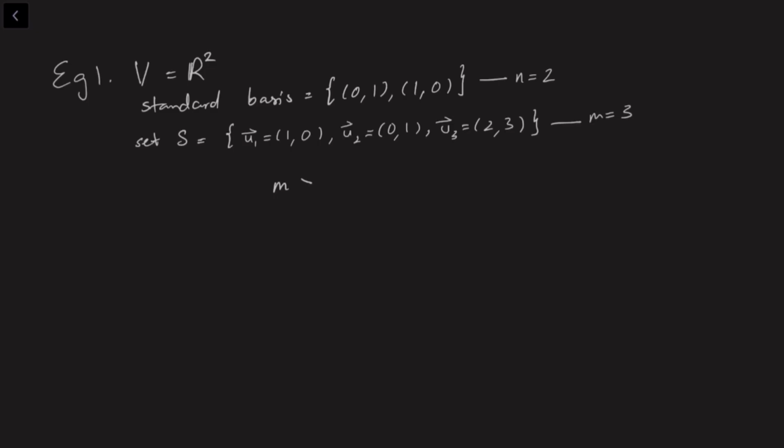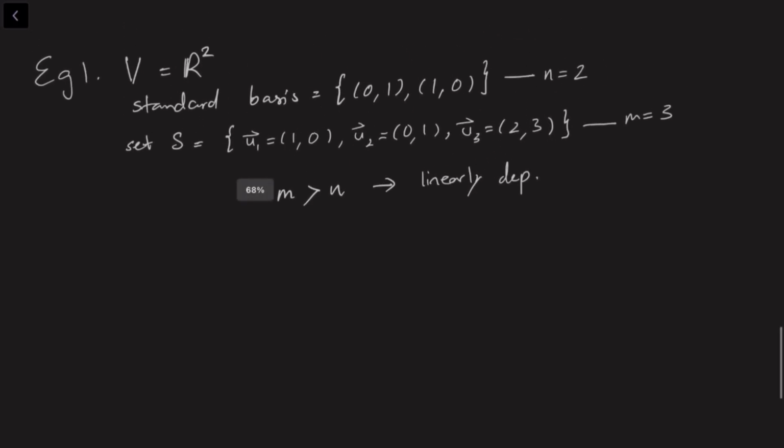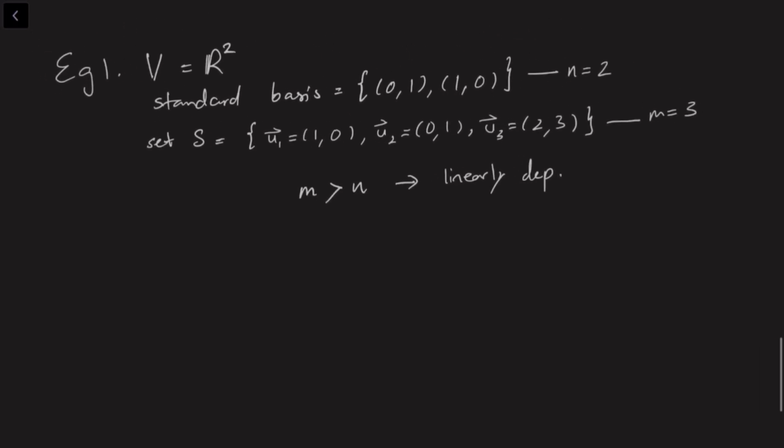We can see here m is greater than n. And what we should find from the theorem is that the set S is linearly dependent, right? To verify this, because these vectors are pretty simple, you can see that 2 times 1, 0 plus 3 times 0, 1 is 2, 3.